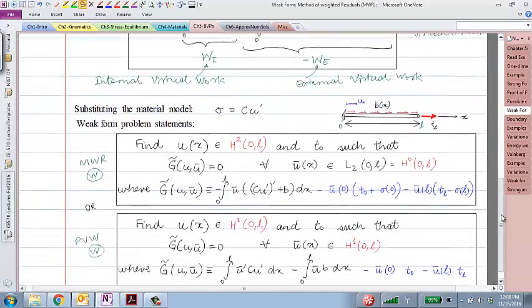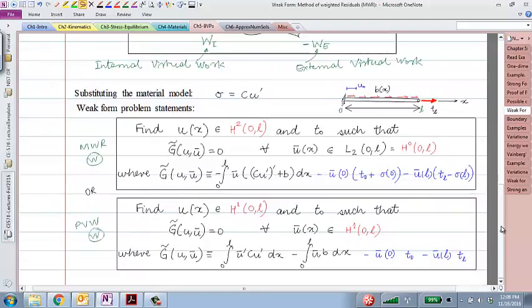And we'll see what are the benefits and the consequences of that. So now we are ready to state the weak form of the problem in a slightly different way. We are saying that in the method of weighted residuals form of the weak form that we established earlier, we said find a displacement function, a real displacement function u of x that belongs to the space of functions which have second order derivative square integrable. Why second order derivative square integrable?